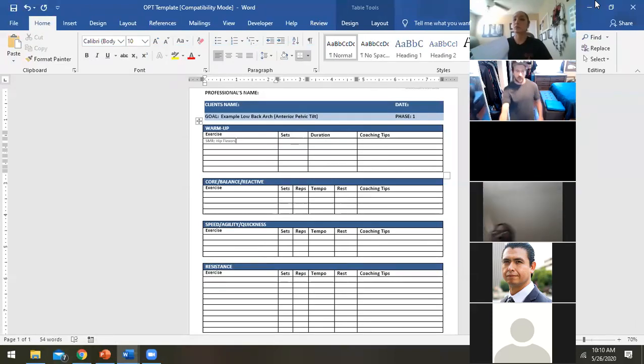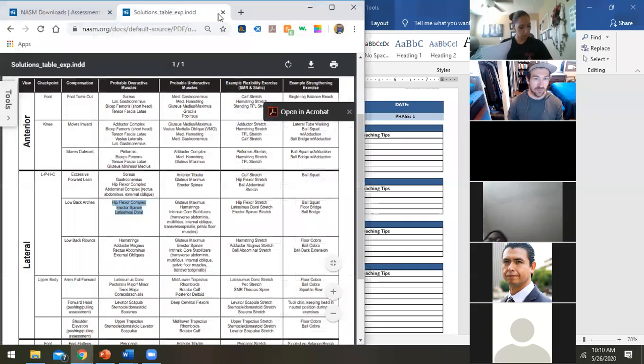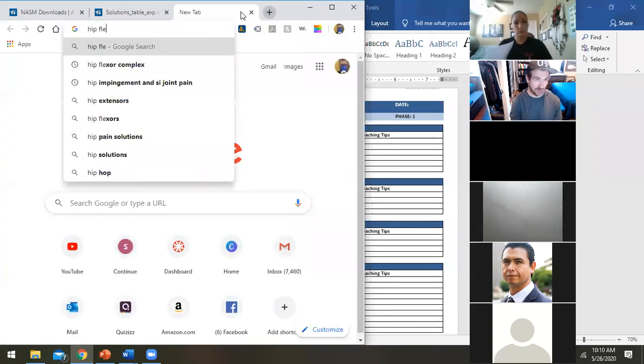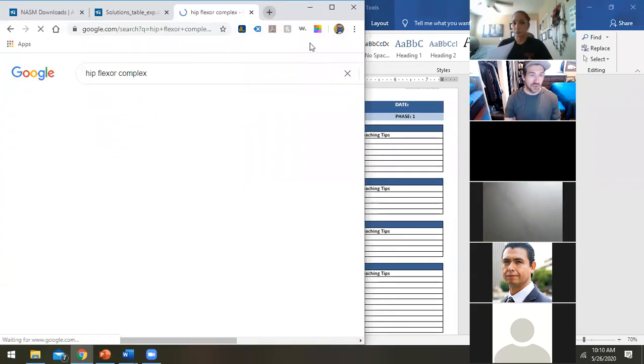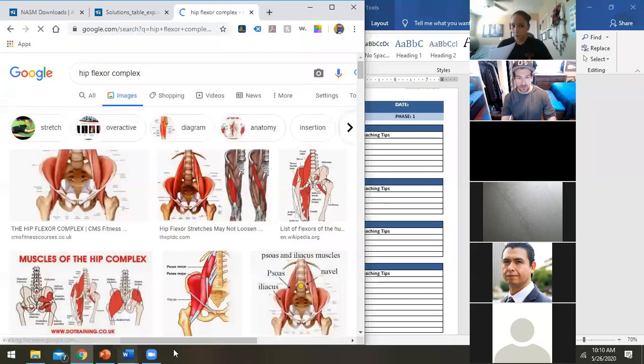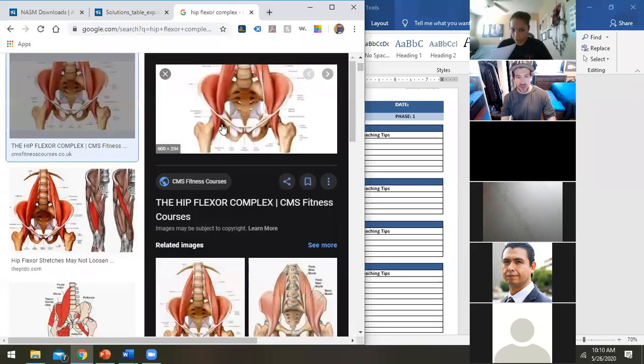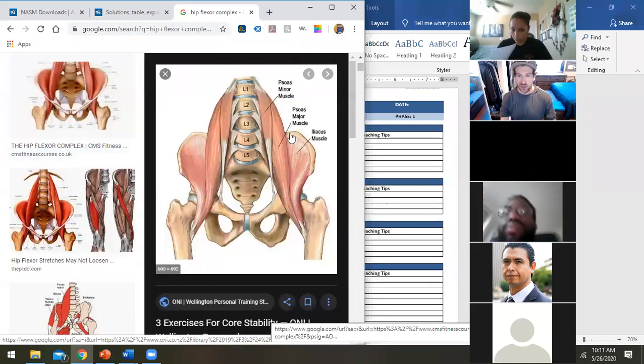So if you look at your hip flexor complex, primarily the big things we're talking about are usually your iliopsoas, which is your iliacus and your psoas muscles. Actually, I'm going to pull up this picture.